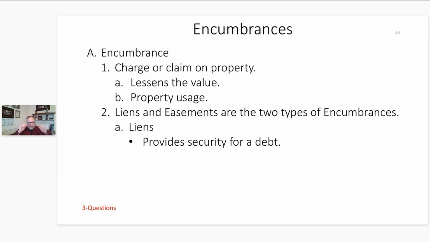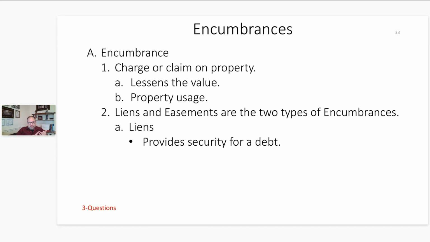Now, listen to me carefully. Think of an encumbrance as an umbrella over the land, over the home, an umbrella over the whole property. You've got to visualize this. It's called an encumbrance because from that encumbrance hangs a lien on the property, which lessens the value and restricts the property. And also there may be an easement on the property.